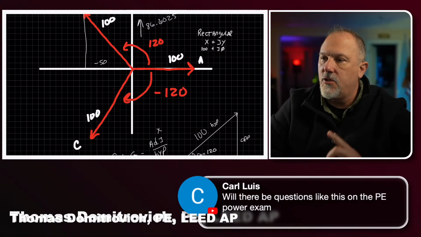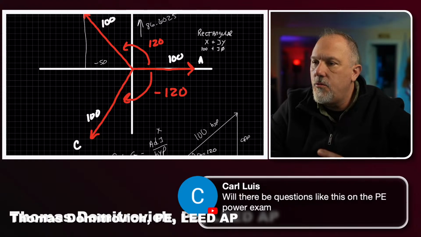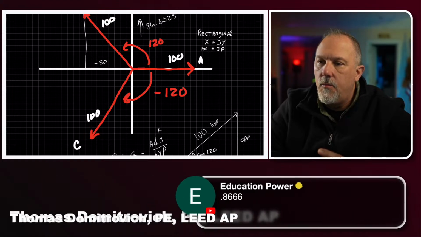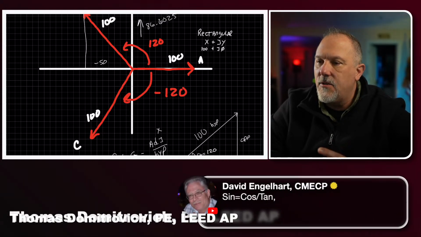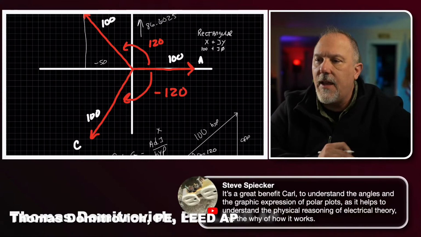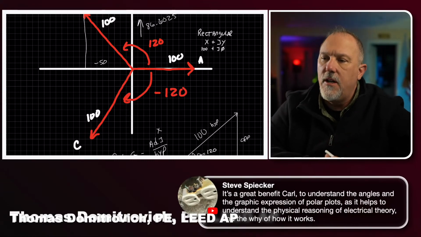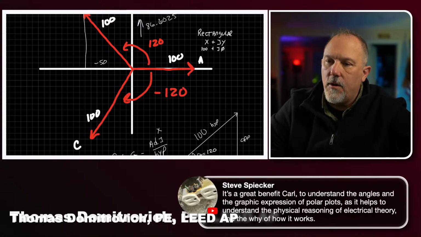Very important to understand the triangle, the whole bit. It's a great benefit, Carl, to understand the angles and the graphic expressions, polar plots, as it helps to understand the physical reasoning of electrical theory. Yes, and the way it works.